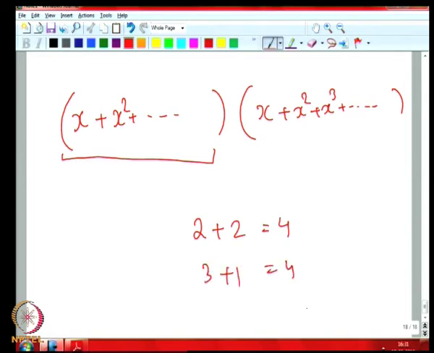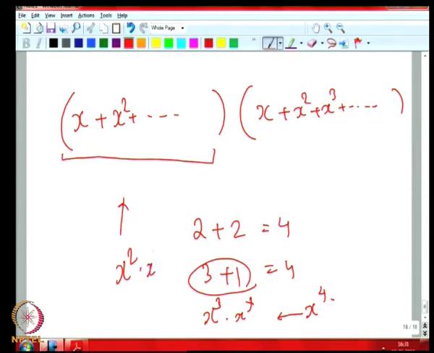So I will look for the coefficient of x raised to 4. One possible way to get x raised to 4 from the product is to get x cube from here and x raised to 1 from here. That is why 3 plus 1 is 4. Another way is x square from here and another x square from here. So 2 plus 2 is 4.